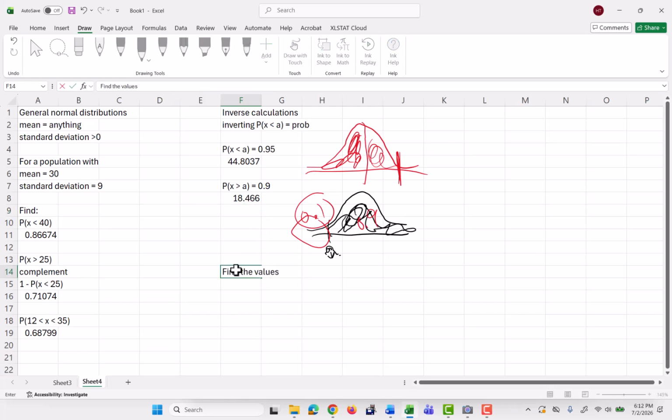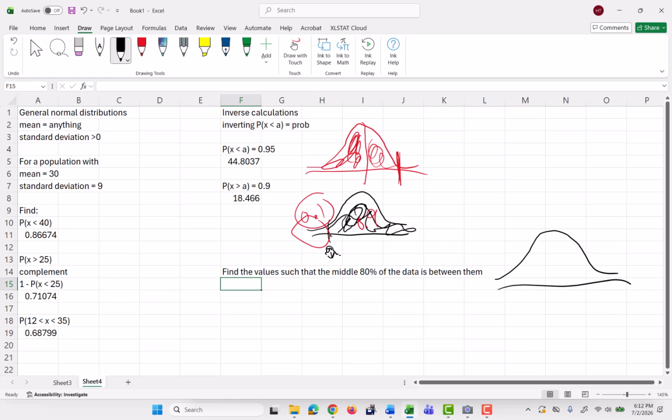Find the values such that the middle 80% of the data is between them. So again, we are looking at a bell curve. We want the 80% in the middle.